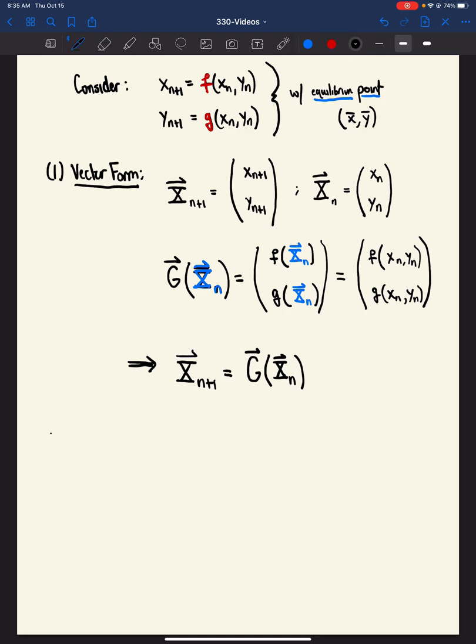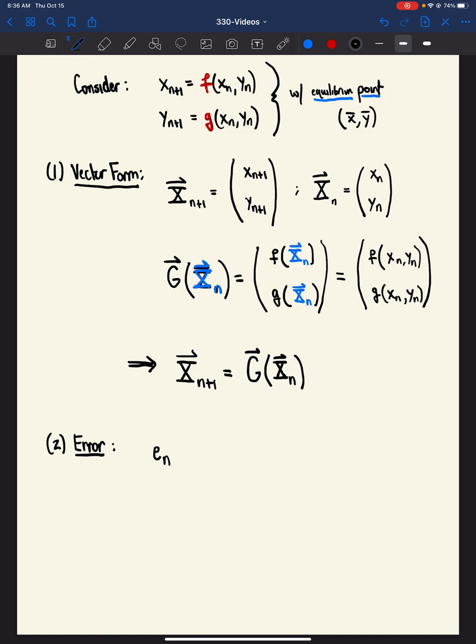So the second thing we get to do is to define that error term. And when we talk about this error term, we are still talking about the difference now between the equilibrium point and our iterative values.